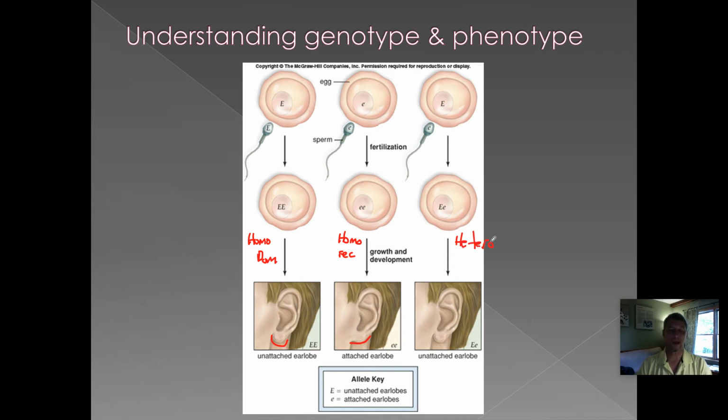Heterozygous, because there's one copy of the dominant allele and one copy of the recessive, will have an unattached earlobe as well. Hopefully that gives you a visual interpretation of the differences between genotypes and phenotypes and how they are determined at the moment of your conception.